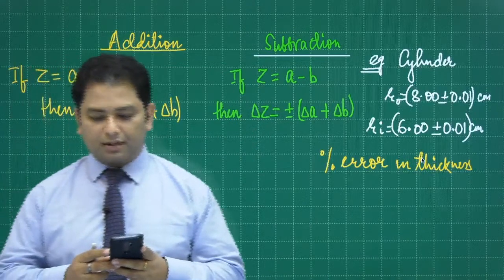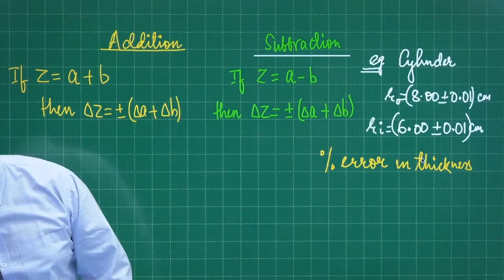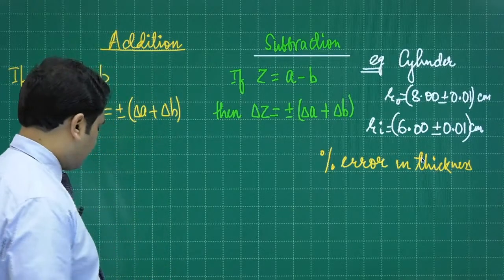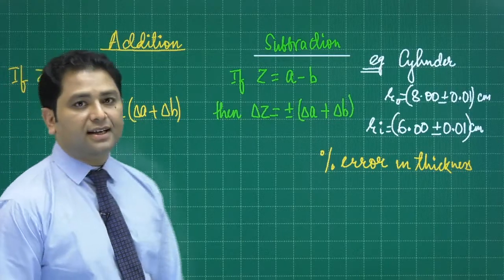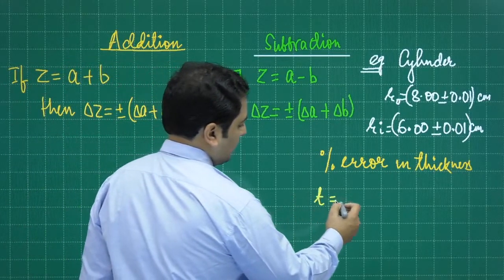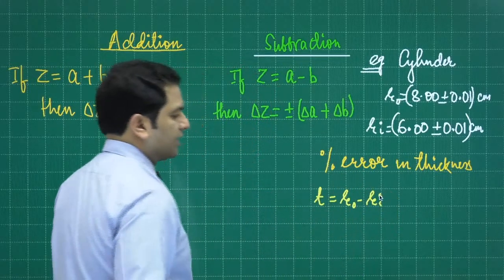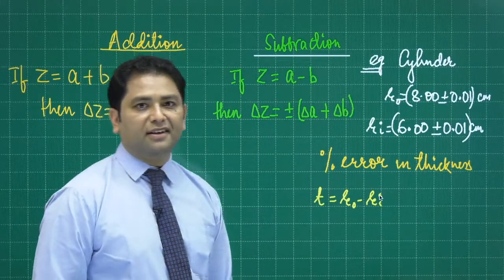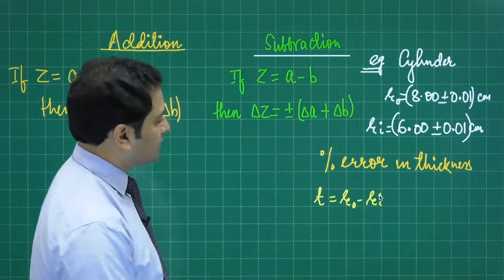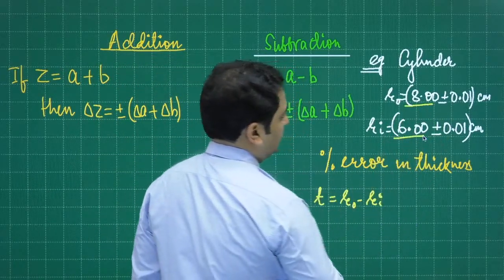All right, guys, so let me just show how we are getting that. First of all, you need to talk about thickness. And what is thickness? Thickness is outer radius minus inner radius, by definition. So the quantities would be subtracted.